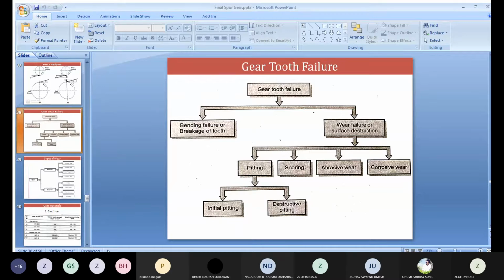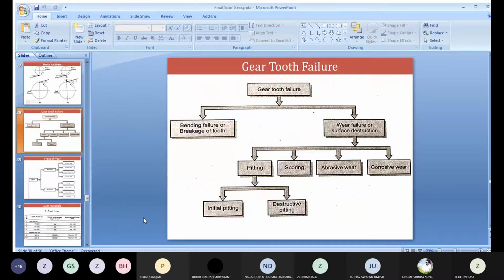That is pitting failure, divided into two parts: initial pitting and destructive pitting. Then scoring failure, third abrasive wear, fourth corrosive wear. I hope you have drawn this.